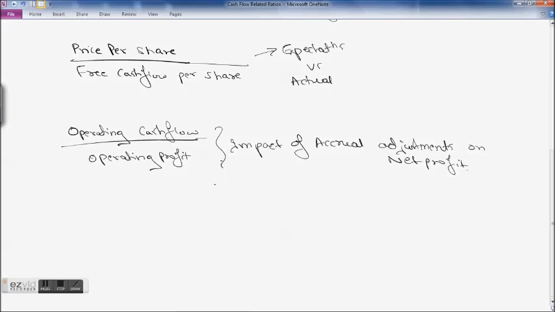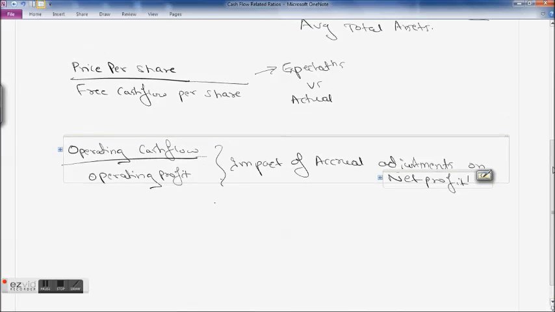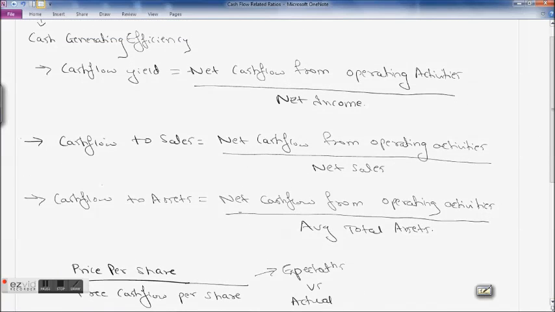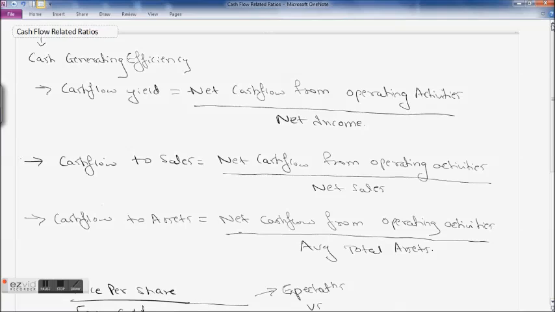So these are some of the ratios which are being utilized for the purpose of the analysis of a particular company, and they are used by financial analysts to evaluate how the company is performing from a cash flow point of view.